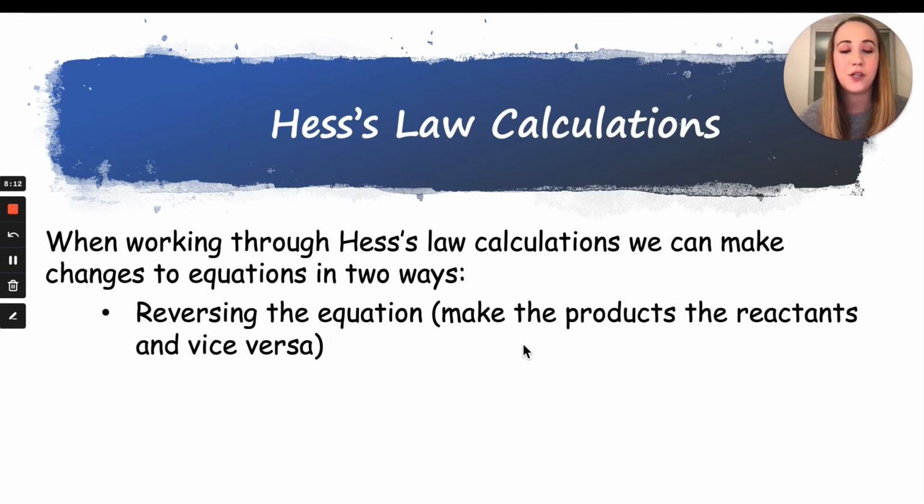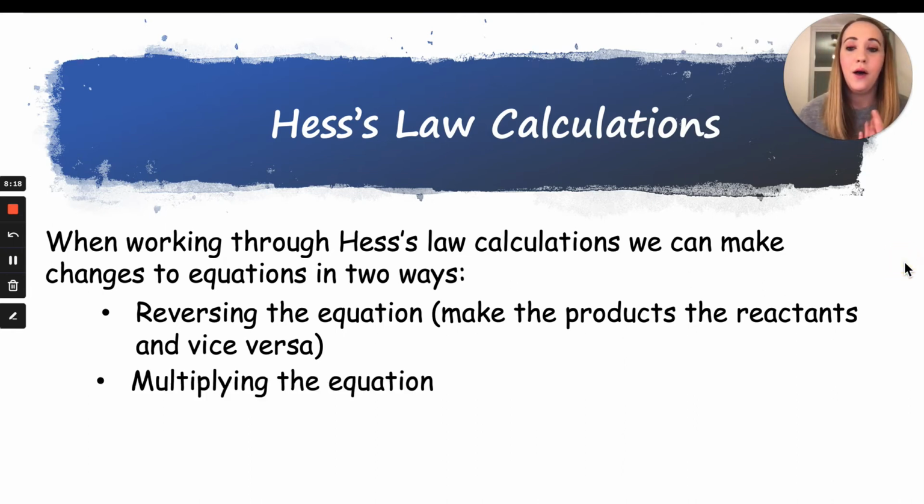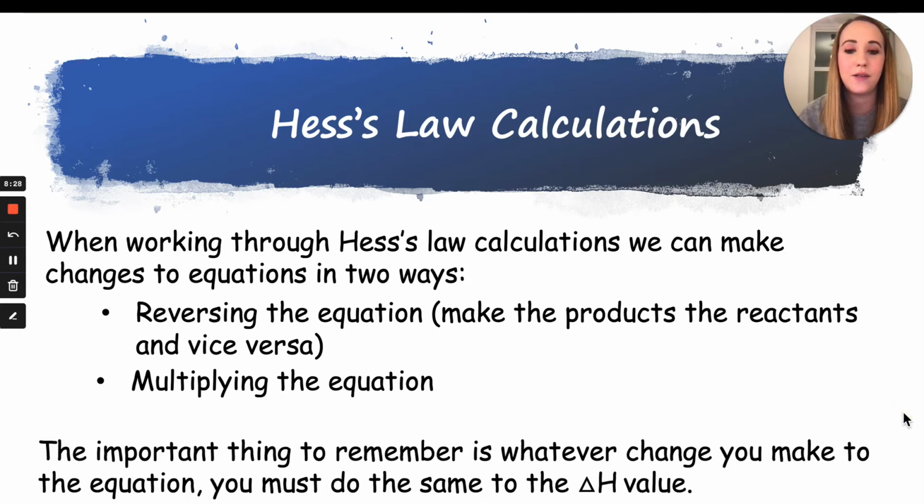We can reverse the equation, so turning products into reactants and vice versa. And we can multiply the equation, so times by 2 or times by 3, depending on the number of moles we're looking for. And the main thing to remember is that whatever change we make to an equation, we're going to do exactly the same to the delta H value for that equation.